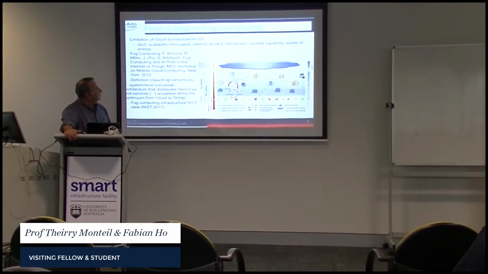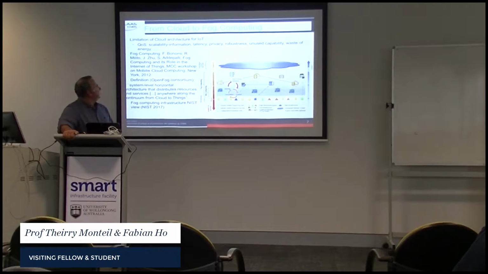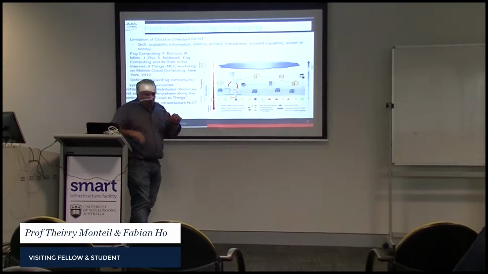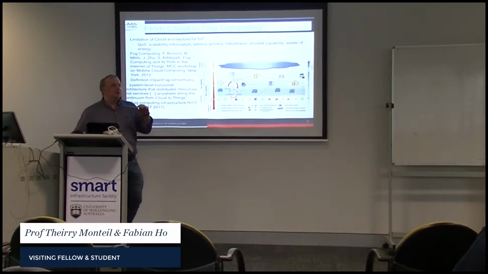So the first system and principle that we want to use is the autonomic computing loop. It's based on a concept developed by IBM in 2003. And it's a way of managing a system and acting on the system.